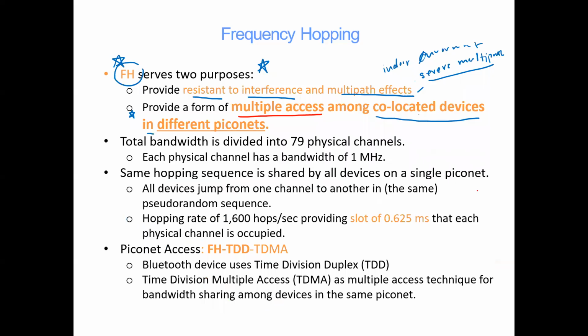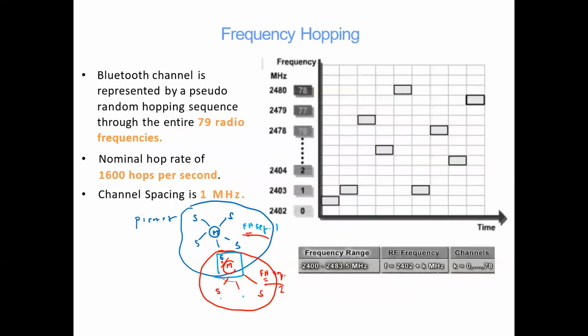Okay, these are things I explained already in Bluetooth. This one is frequency hopping. You use it in Bluetooth because it uses a frequency range starting from here, called channel 0, at 2402 megahertz, and the bandwidth is 1 megahertz.